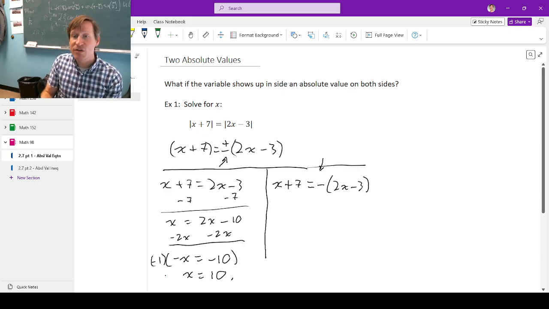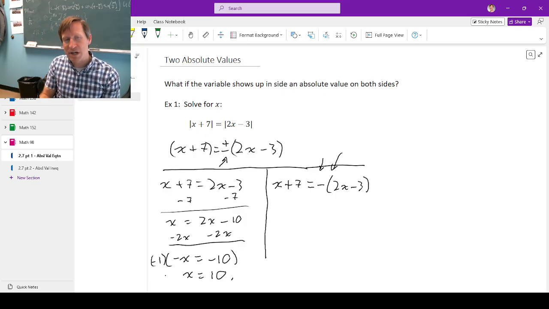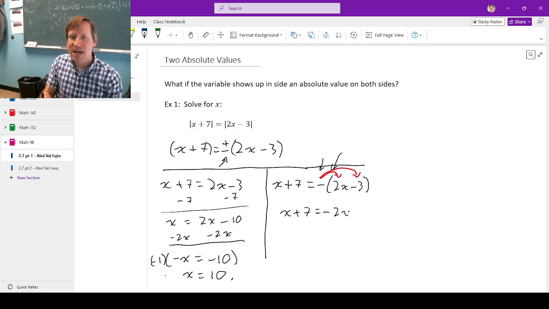Now let's go to the other equation that we got, the equation that has the extra minus in it, and let's solve this equation. I think the first step would be to distribute this minus sign on the right-hand side. So we get x plus 7 equals negative 2x plus 3. Don't forget that when we distribute the minus sign to the minus 3, it becomes plus 3. Now this equation is a pretty normal equation, so we can finish solving it as usual. Let's add 2x to both sides. That gives us 3x plus 7 equals 3.